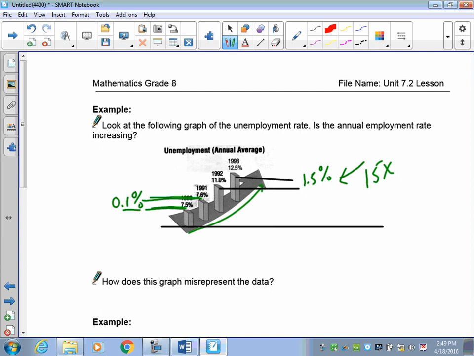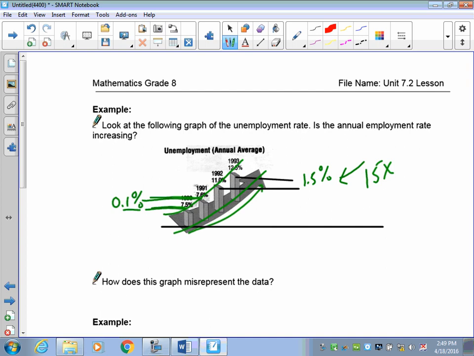Now, why they've done this, I don't know. It kind of is weird. If they wanted to show that the unemployment rate was going up like crazy, then they should have had this one here considerably higher. I guess what they're trying to do is keep this slope and this slope relatively the same to show that unemployment rates are going up.